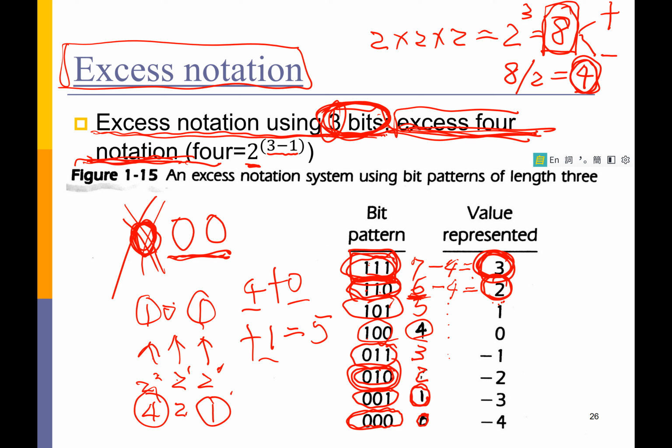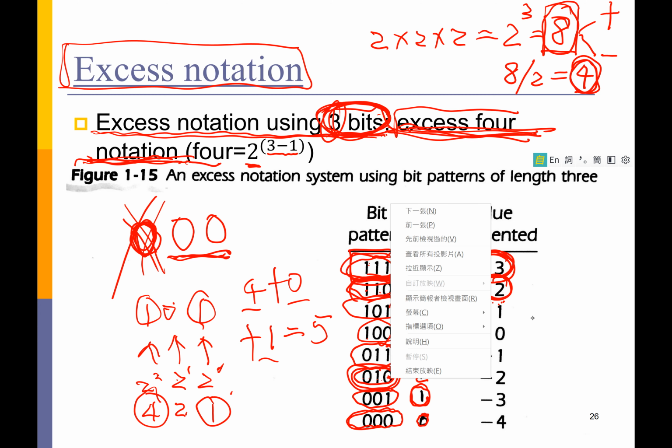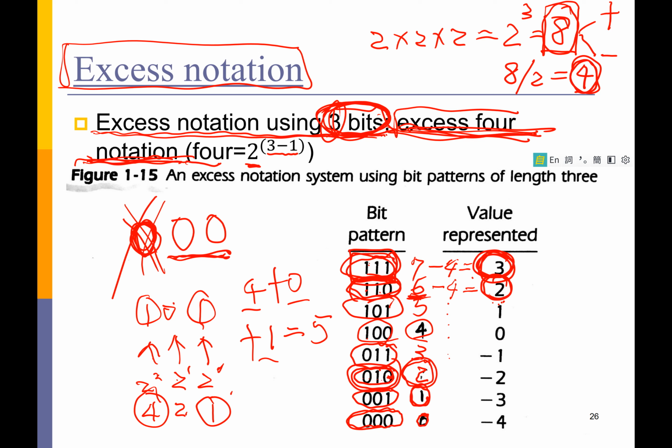Now we take a look at this one: 0, 1, 0. In the binary system it is 0, 1, 0, but in the decimal system it changes into 2. Now, 2 minus 4 is equal to minus 2. So to represent minus 2 in SS4 notation, you use 0, 1, 0. But in fact 0, 1, 0 in the binary system is 2. 2 and minus 2, the difference is 4.